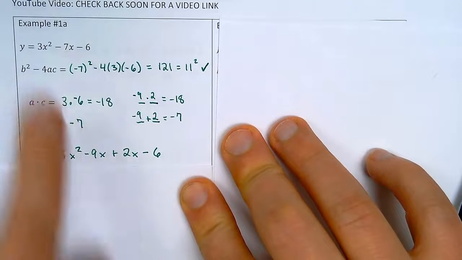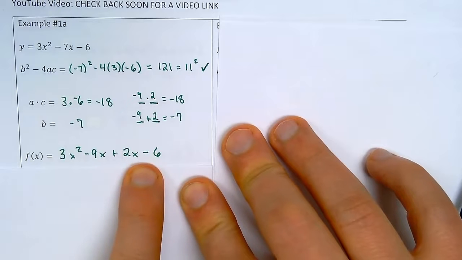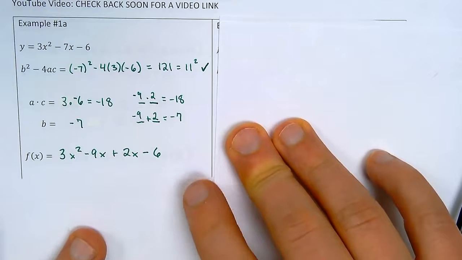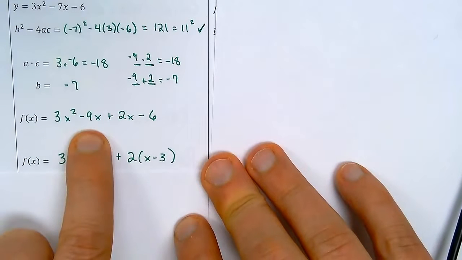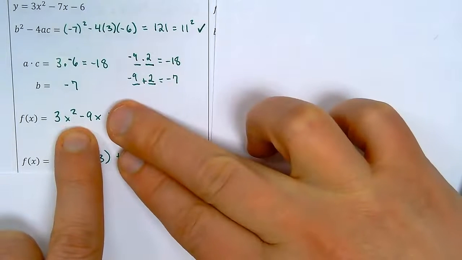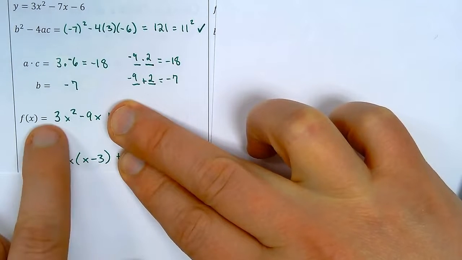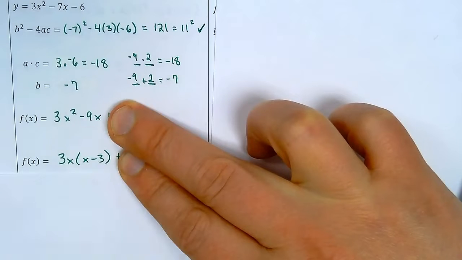Now that we've taken our quadratic and split the middle term, we have a 4-term polynomial expression, and we can factor by grouping. The way that works is we look at the first two terms and see if there is a common term that comes out of those. And there is. It is a 3x. 3x times x is 3x squared, and 3x times -3 is -9x.